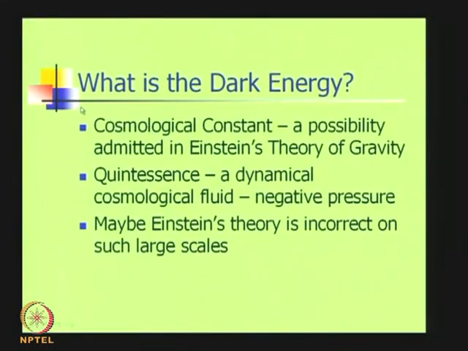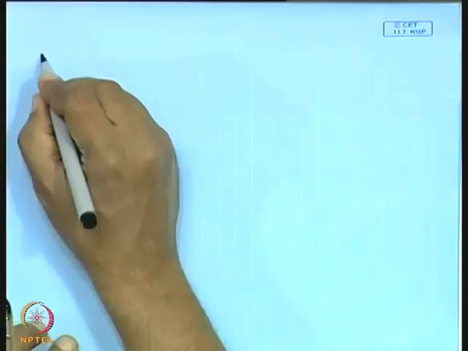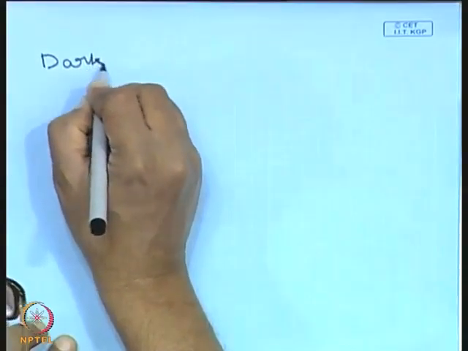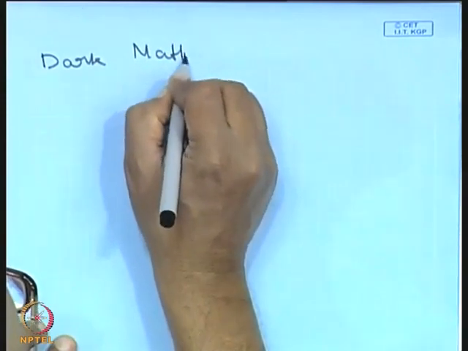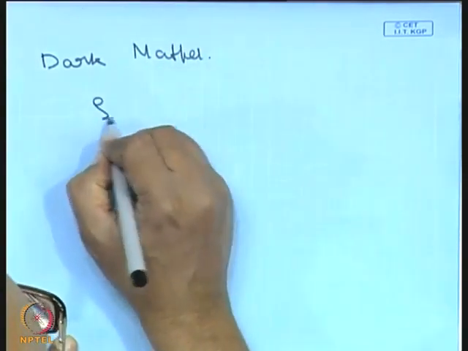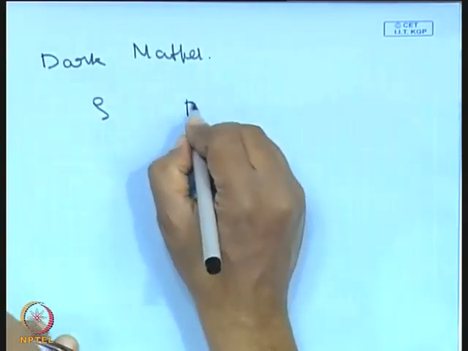Okay. Now this has been given the name dark energy. Again, this is something you don't see, but dark matter is something which has a density which you don't see and pressure is 0.